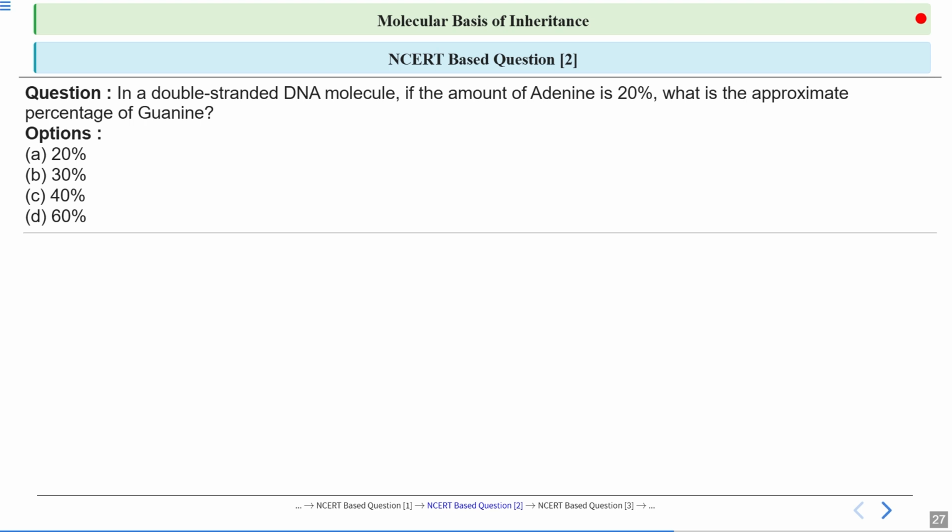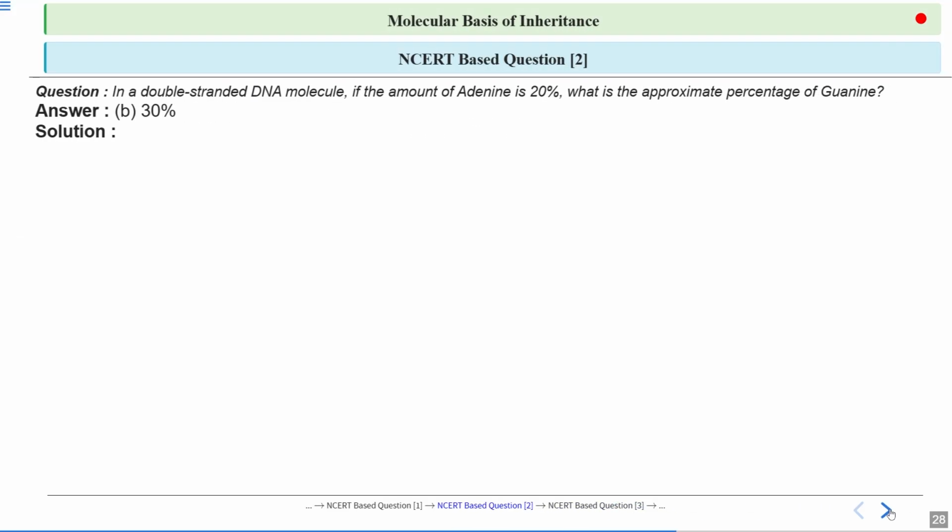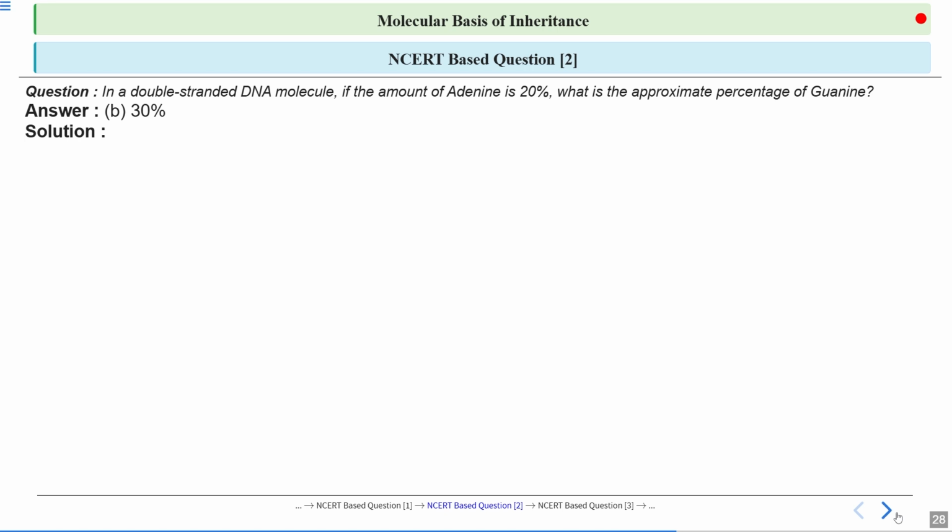We also know that guanine equals cytosine, so the 60% will be divided as 30% to guanine and 30% to cytosine. So the answer will be 30. Let's see the answer. Yeah, the answer is 30%.